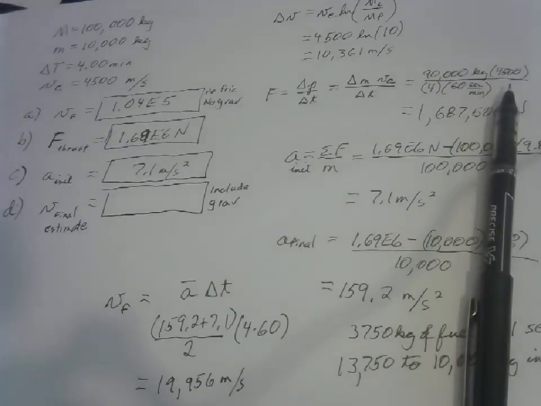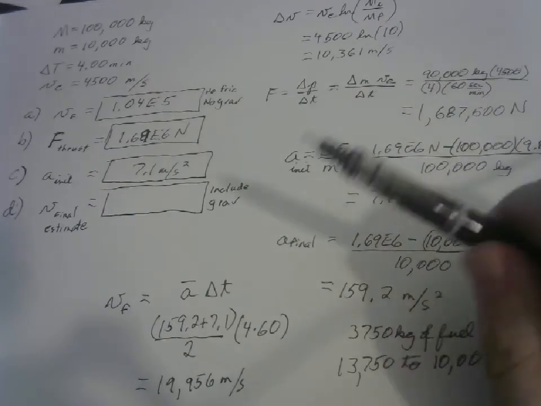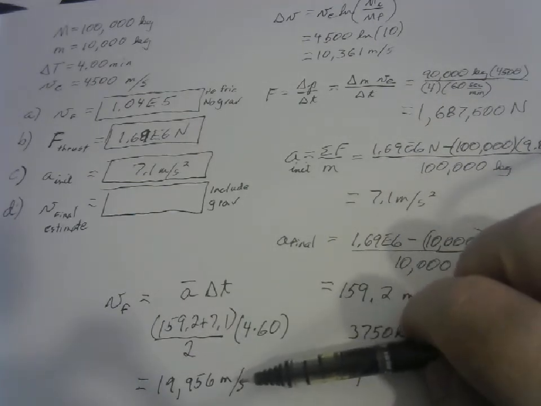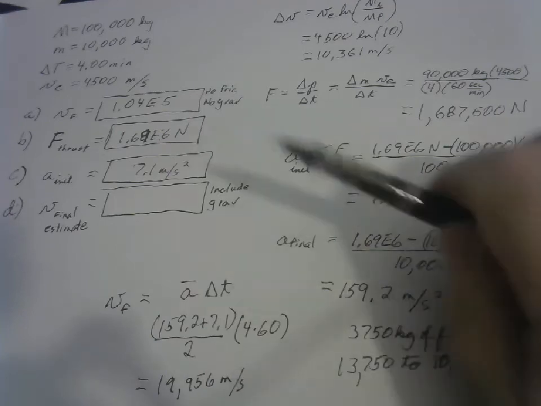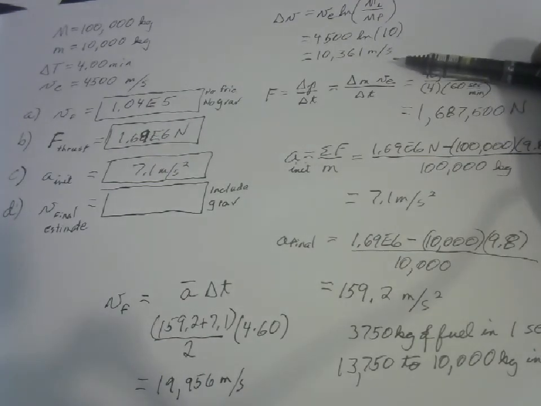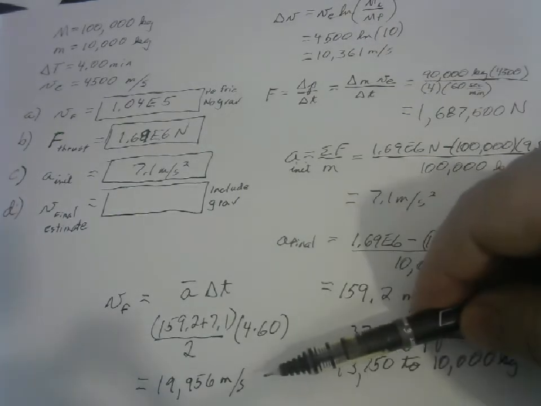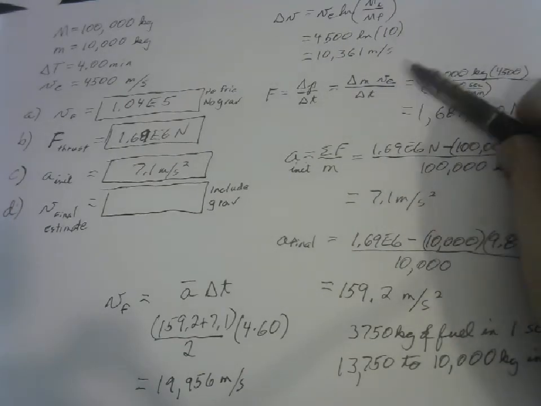And I got a horrendous number. I got 19,956 meters per second. And the reason I think this is horrendous is because without accounting for Earth's gravity, we got 10,361. So we should not get a number higher when we have something pulling down.